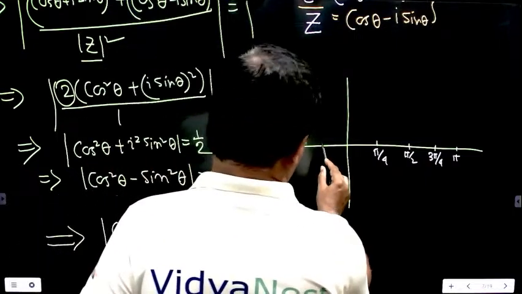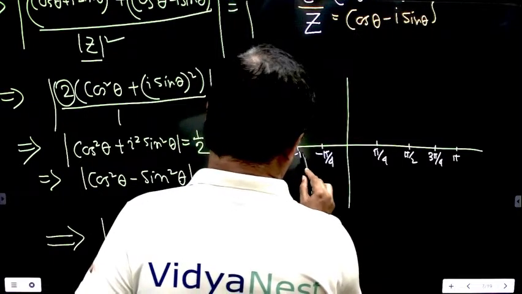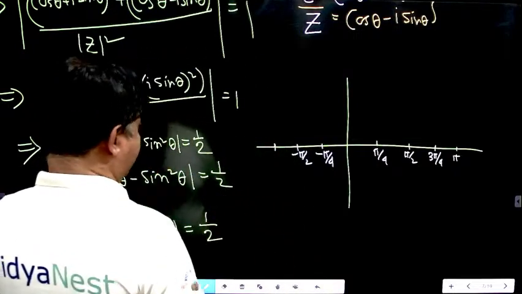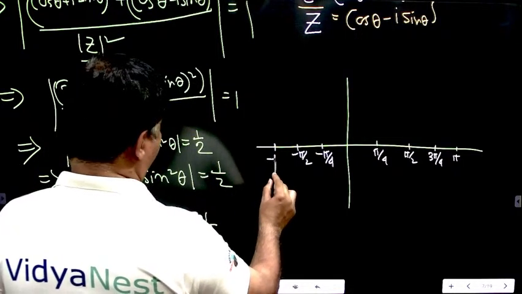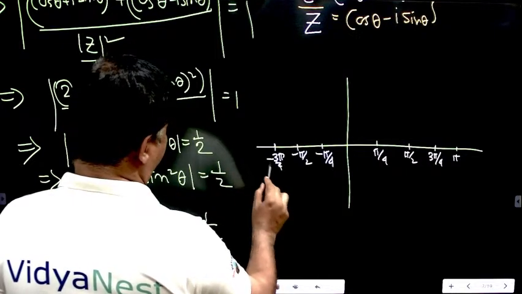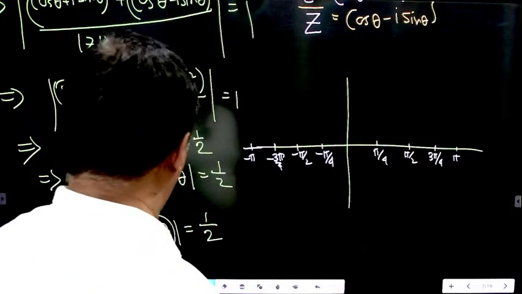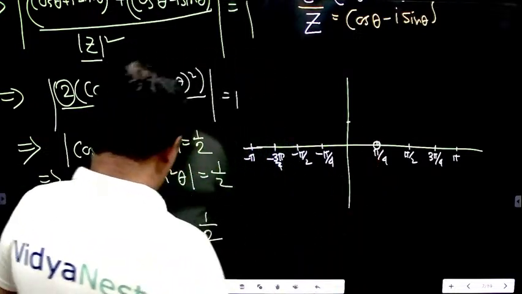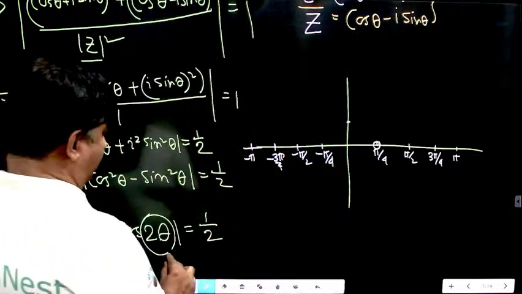Here also minus pi by 4. Now if I put pi by 4, cos 2 into pi by 4 means cos pi by 2, which is 0.